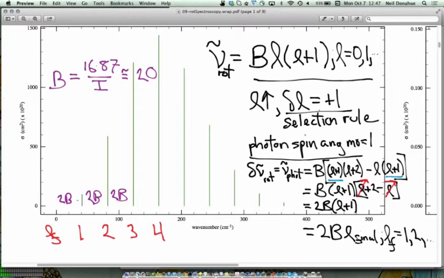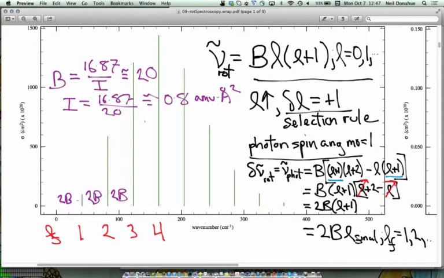So the B value is 16.87 over the moment of inertia, with the B value in wave numbers and the moment of inertia in AMU angstrom squared. In this case, that's about 20 wave numbers. So we can easily solve that for the moment of inertia. It's about 16.87 divided by 20, which gives 0.8 AMU angstrom squared.